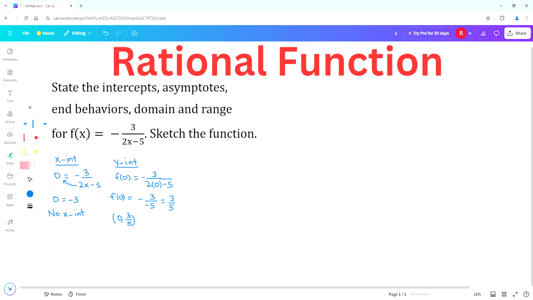Next, we can find the vertical asymptote. For vertical asymptote, we should set the denominator expression equal to 0 and solve for x.